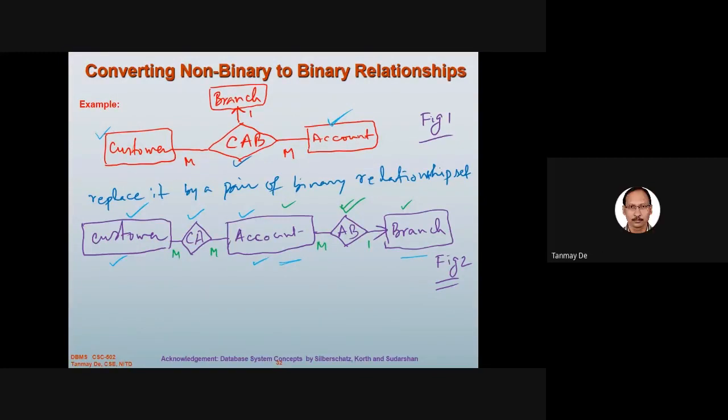Okay, so now we can see figure 1 and figure 2 both reflect more or less the same fact, but there is a little distinction, or difference. What is this? The former, that is the figure 1 CAB relationship, this CAB relationship between customer and account can be represented only if there is a corresponding branch.